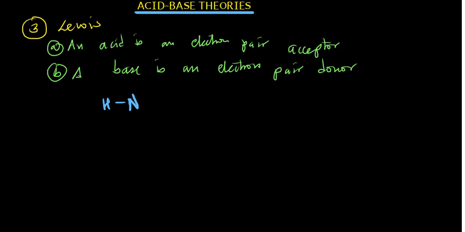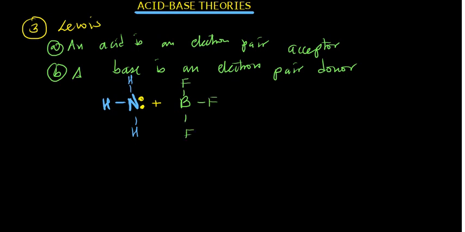Ammonia, what we are going to have is another hydrogen here, another hydrogen here. Now ammonia has got a lone pair. If this reacts with, let's say, BF3, this compound, which doesn't have any lone pair, so what happens?